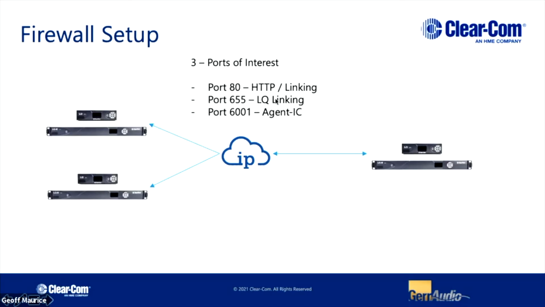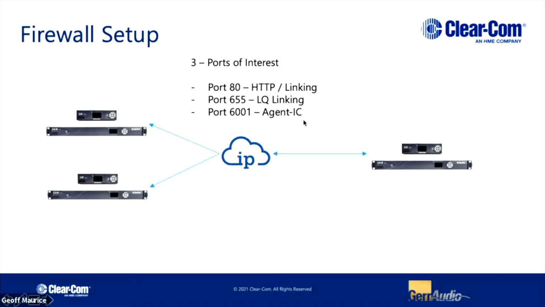Now, it is important to mention that depending on the setup that you have, these are the ports that we look for on the incoming side, but that doesn't mean that's what needs to be opened on the outside world connectivity. Like port 80 is a very common web port, might be used internally in a location. So we could redirect from a more public port to this, or same with these guys.